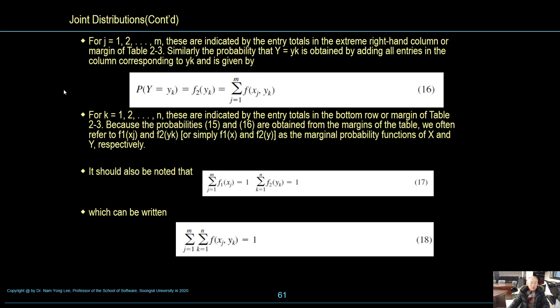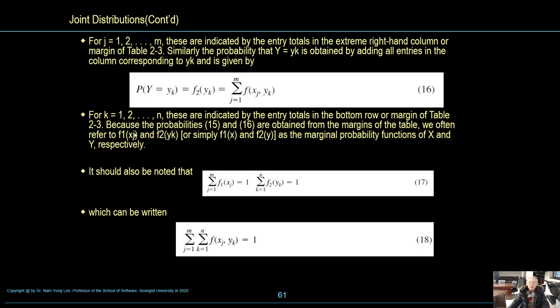For j = 1 to m, these are indicated by the entry totals in the extreme right-hand column, or margin, of table 2-3. Similarly, the probability that Y equals yk is obtained by adding all entries in the column corresponding to yk and is given by formula 16. For k = 1 to n, these are indicated by the entry totals in the bottom row, or margin, of table 2-3.